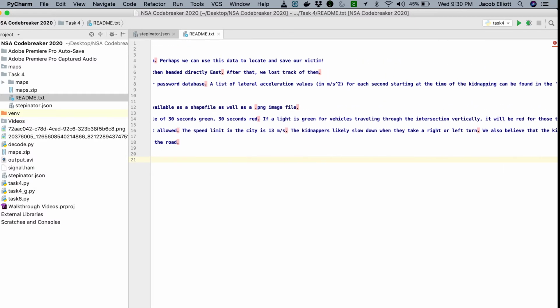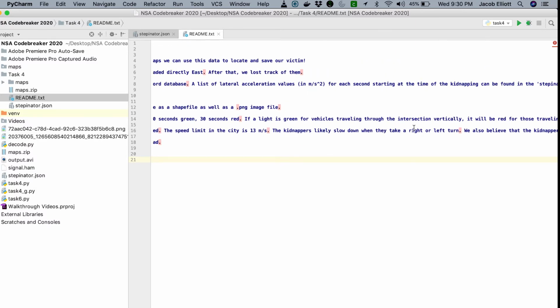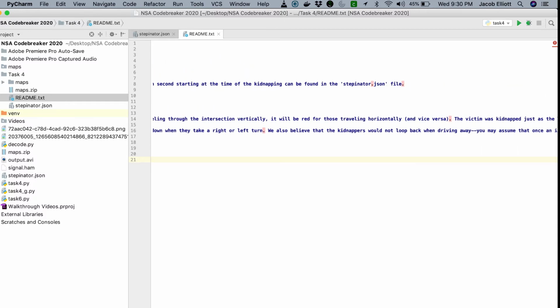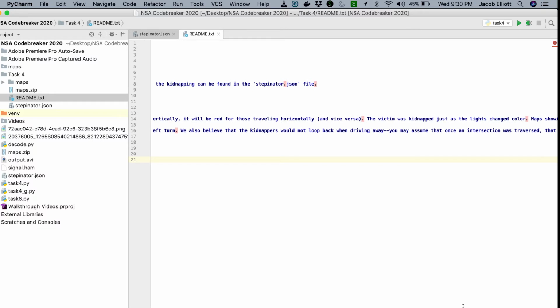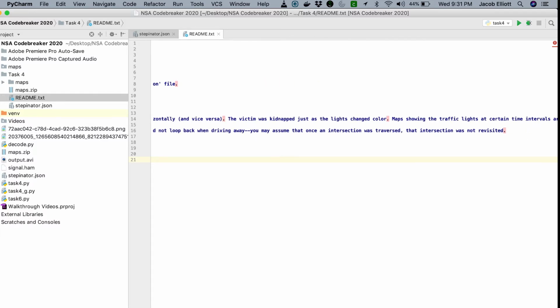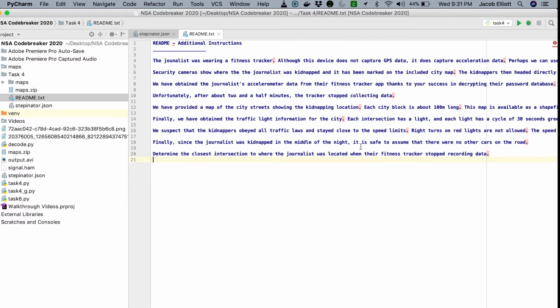Right turns on red are not allowed. They would likely slow down when they take a left or right turn. This helps us because we can use the acceleration data to figure out when they were turning. And they would not loop back the same way, so you can assume that once an intersection is traversed, they're not going to come back through it again.